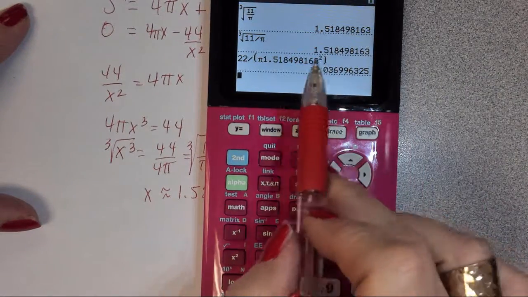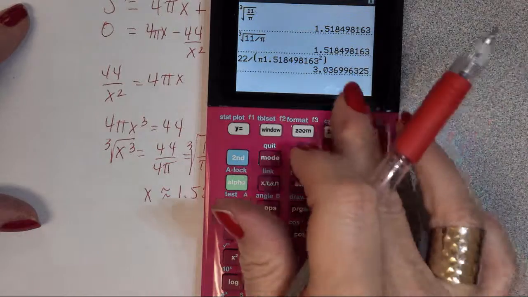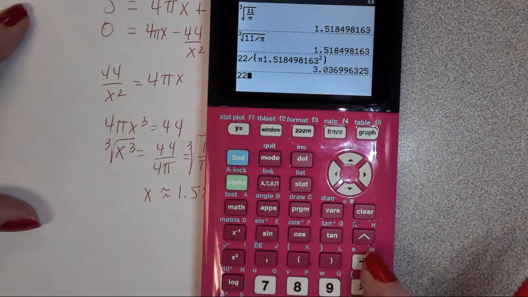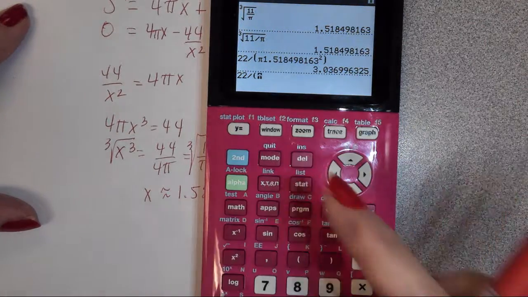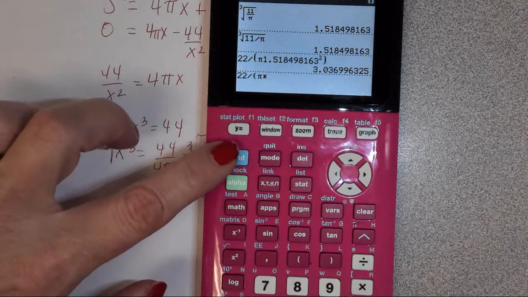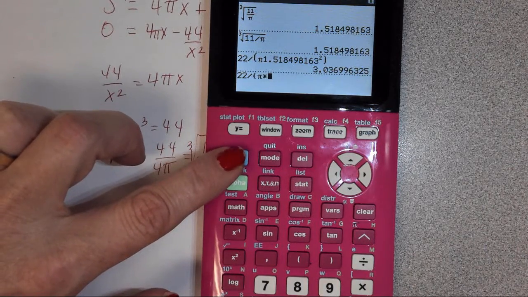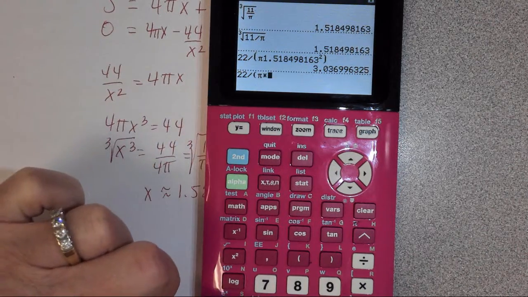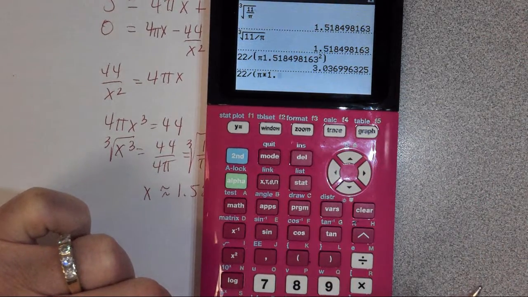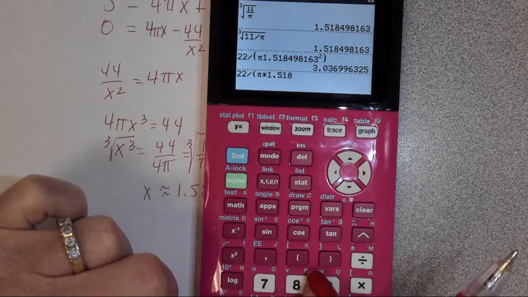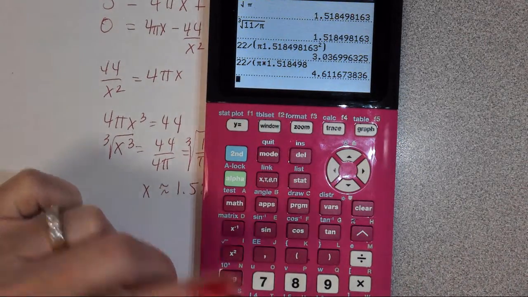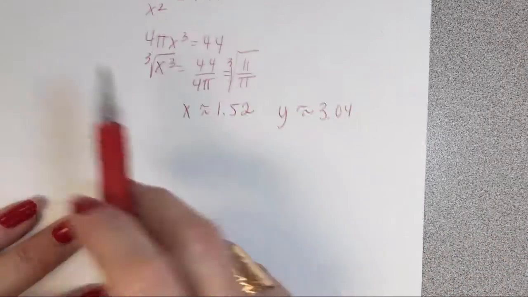If you don't have that feature where you can go up and get that other answer, you can just plug it in, 22 divided by parentheses pi times, and you can do second answer to bring up the last answer you had, or you can even round it if you have to. But the more that you round, the further off your answer is going to be. I didn't square it. You get the idea.